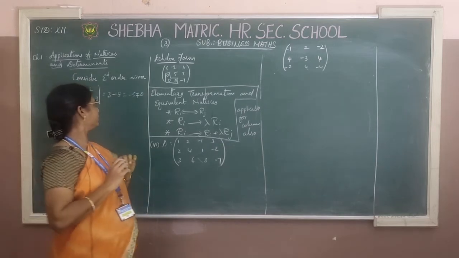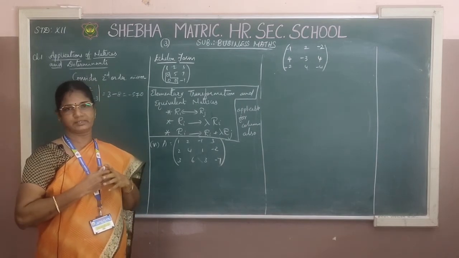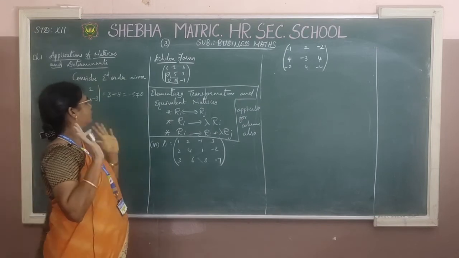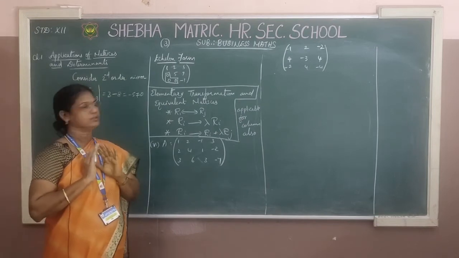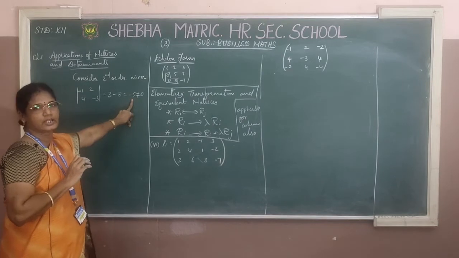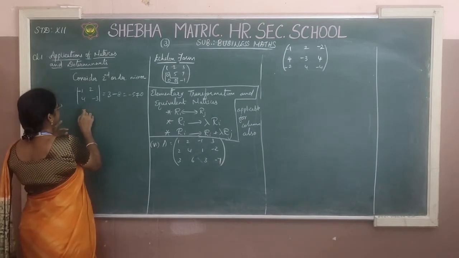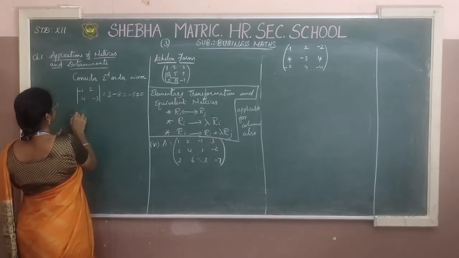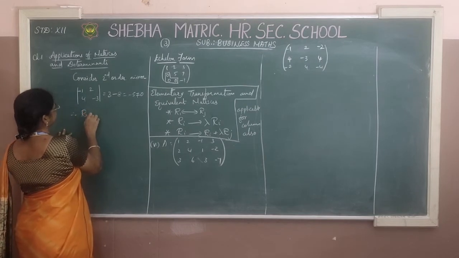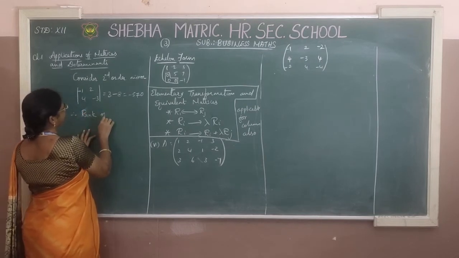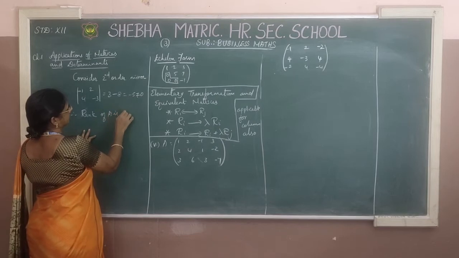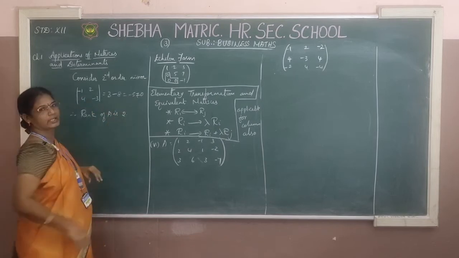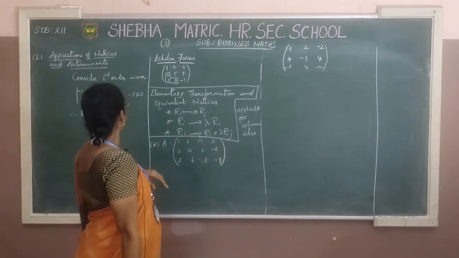If we get minus value or plus value, we get not equal to 0 means it is non-singular. Okay, if it is non-singular, then the rank of A is 2. Rank of A is 2. Why?